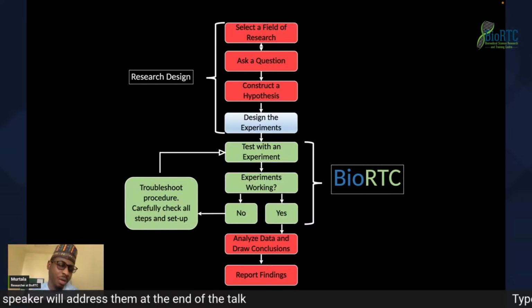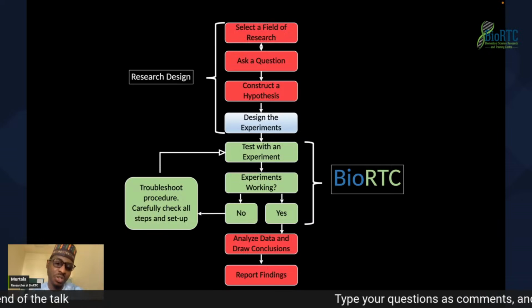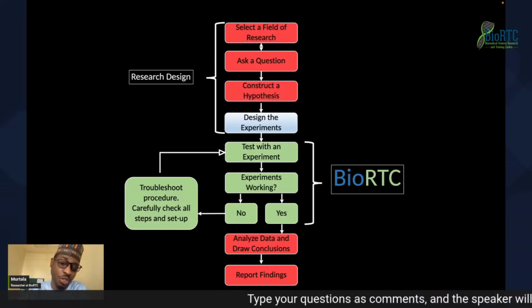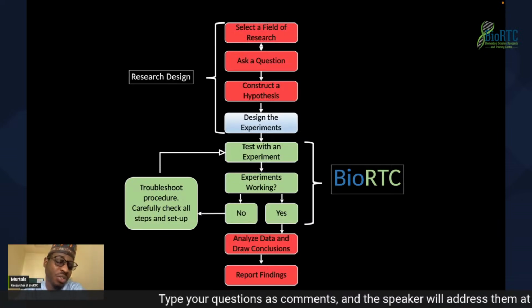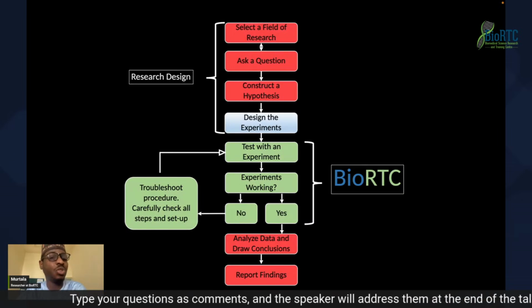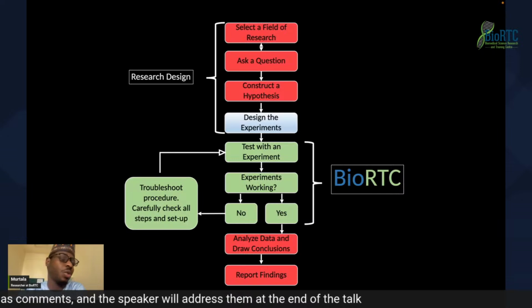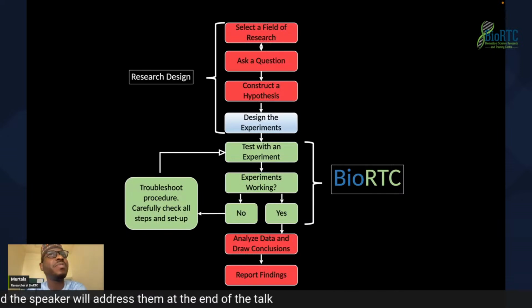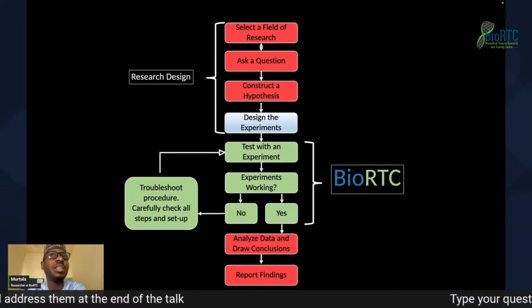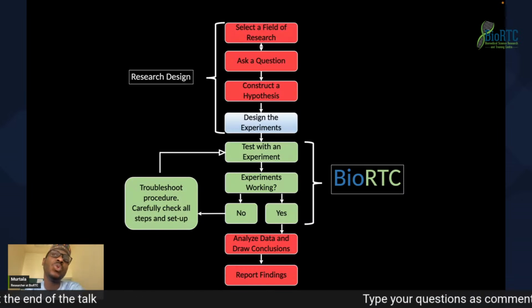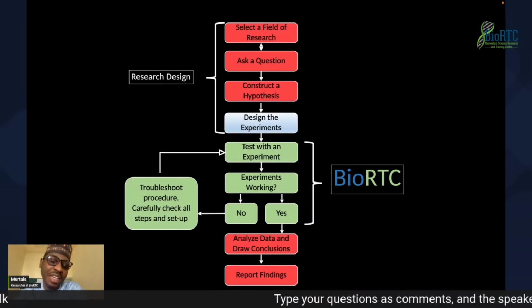If, for example, you want to do one experiment and the center doesn't have the equipment, we may have another equipment that can substitute for what you already proposed. So during your design, you can substitute with what is available in the center. For those intending to come to the center, if you do not have that, this is something you should start thinking about.